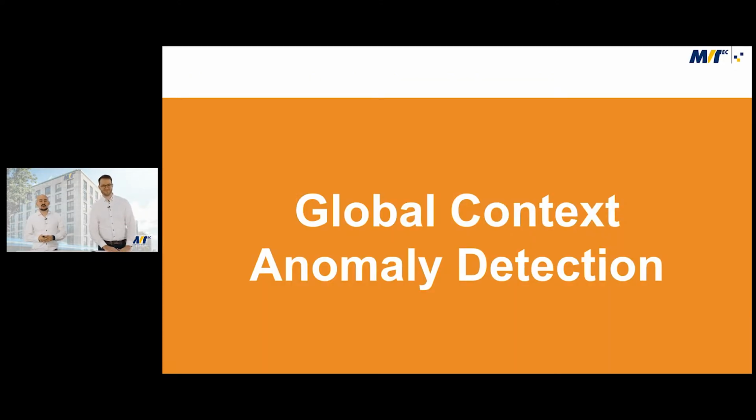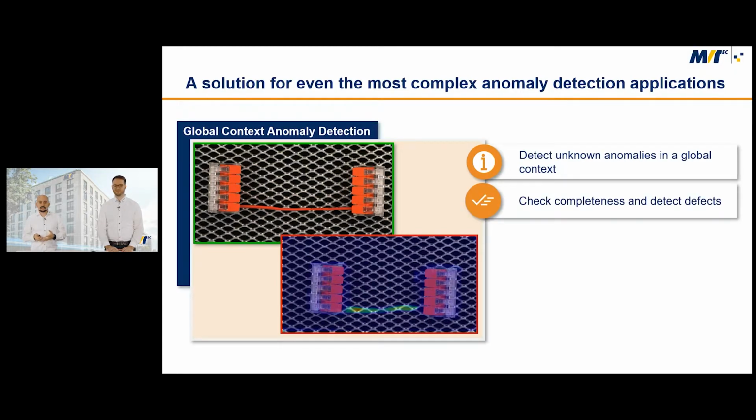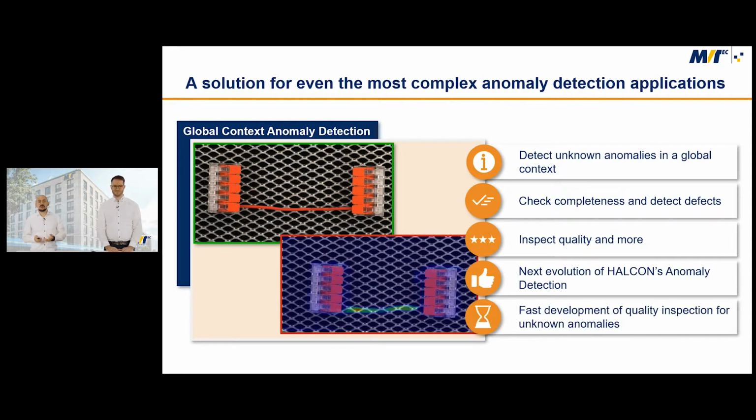And this is Global Context Anomaly Detection. Global Context Anomaly Detection is kind of a next step of our already implemented anomaly detection. As the name says, it detects unknown anomalies, but in a more global context, and we will shortly describe in a few seconds what global context really means.